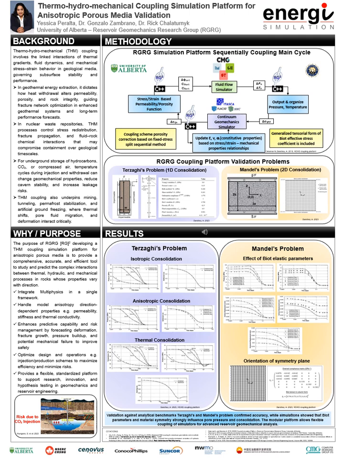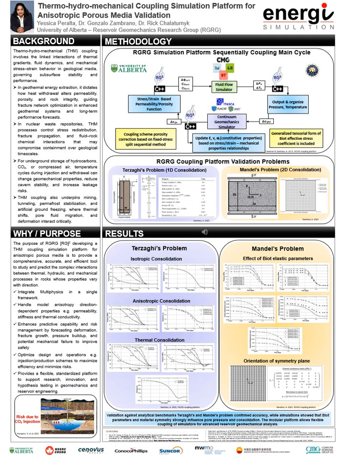A vertical column of fully saturated material and an axial load is applied at the top. The lateral displacements are fixed, and fluid is allowed to drain only through the top boundary. This causes gradual consolidation of the column as fluid pressure dissipates.